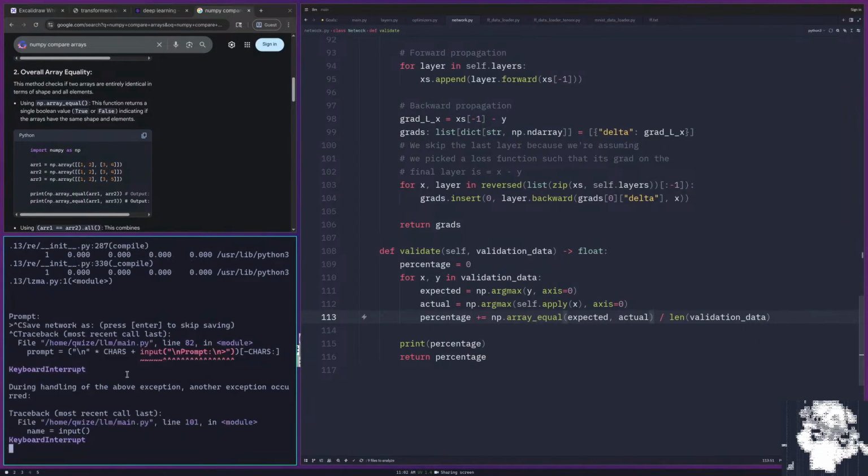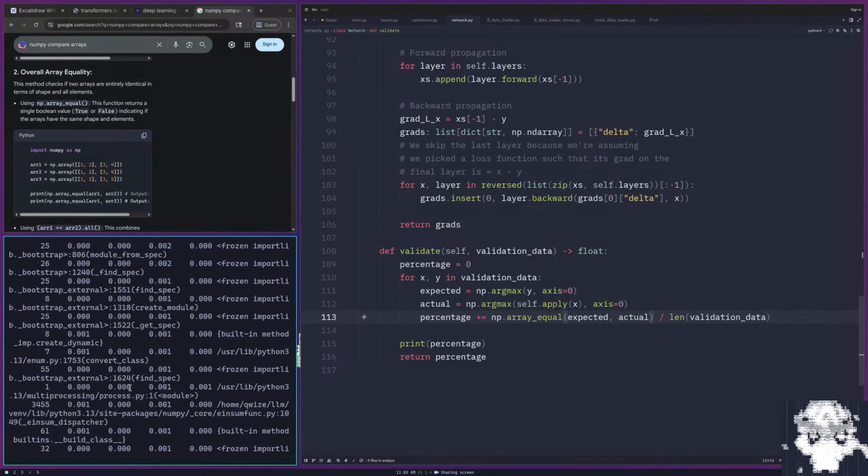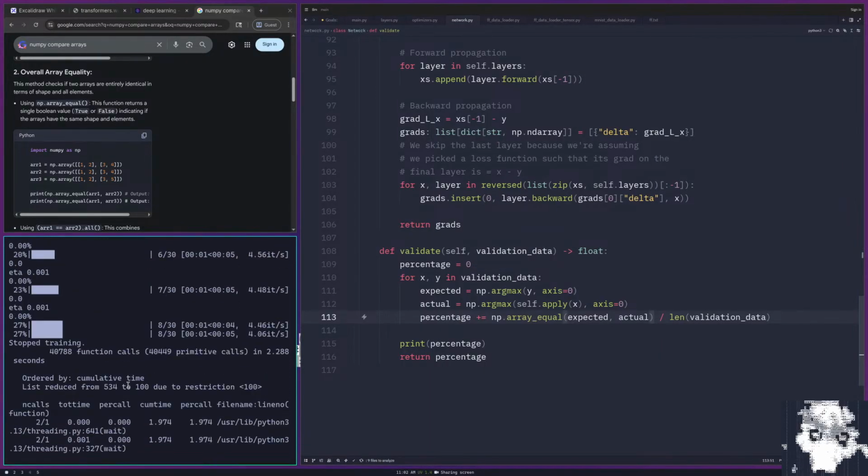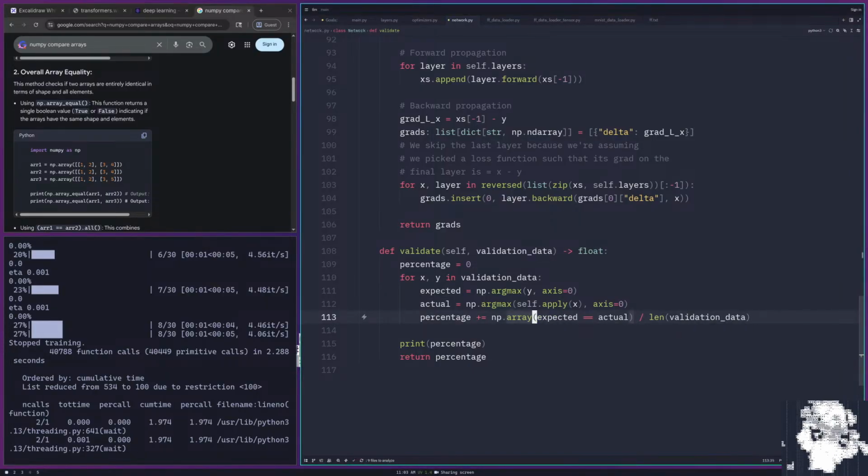Well, you know what, actually? Come to think of it, I don't want the arrays to be equal. I can do an element-wise comparison.